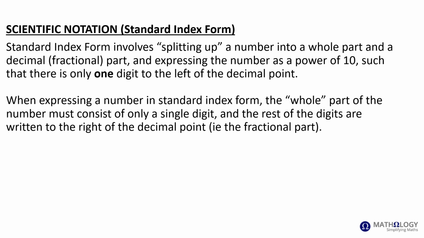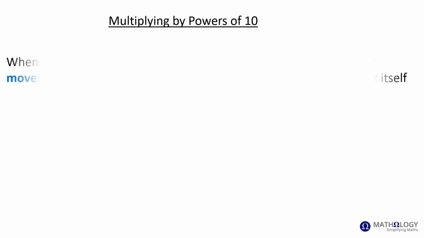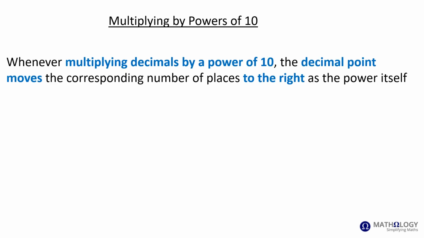To get a decimal number into standard index form, we need to multiply or divide the decimal number by a power of 10. Whenever multiplying decimals by a power of 10, the decimal point moves the corresponding number of places to the right, as the power itself.